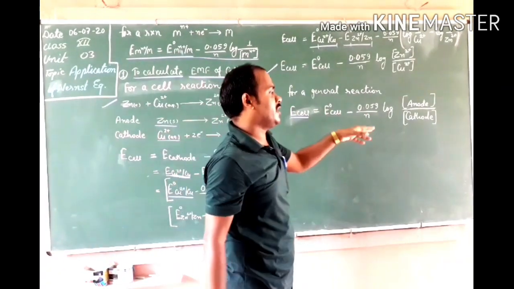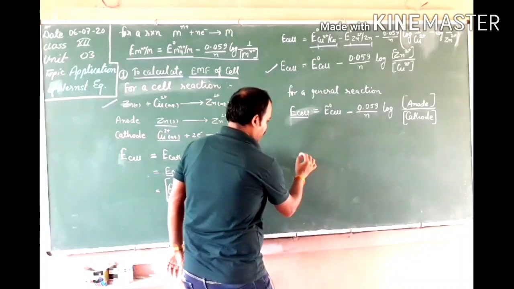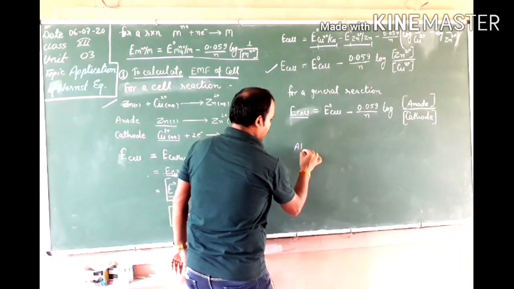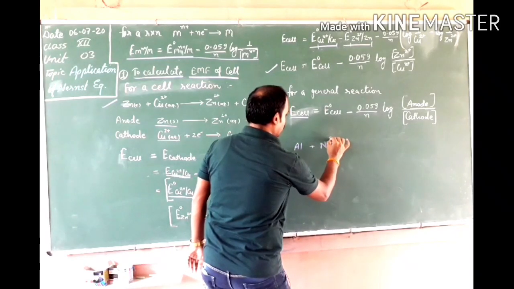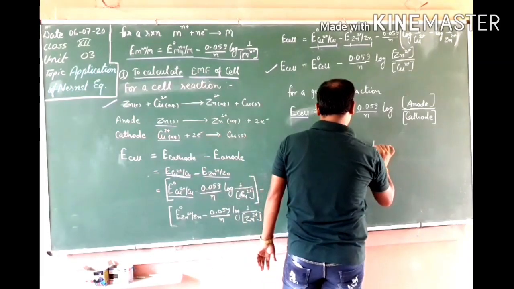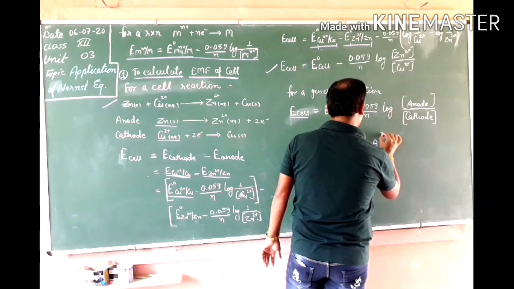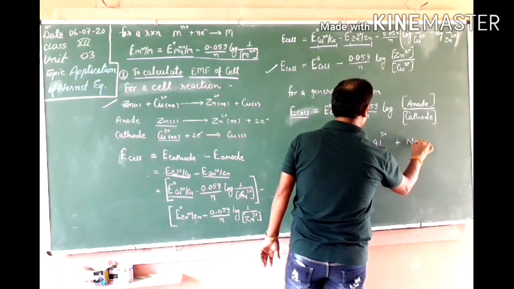Anode and cathode, it means for a cell, if we take this cell, Al plus Ni2+ converts into Al3+ and Ni.